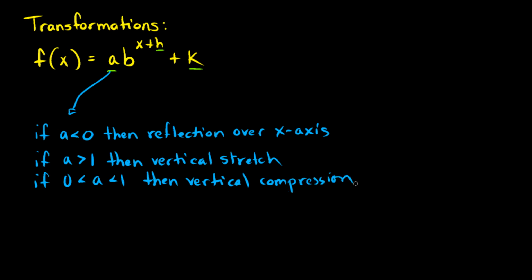It's going to look like it flattens out a bit. If it's a vertical stretch, it's not going to flatten out, it's going to look like it's literally vertically stretched. So it's going to be higher and almost skinnier in a sense. So a tells us 3 particular things.